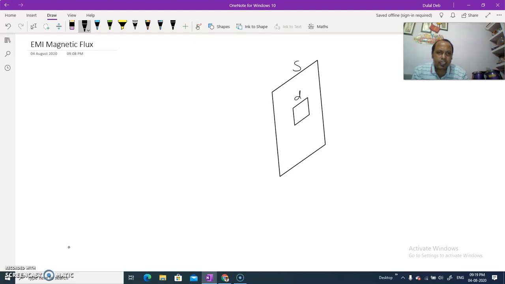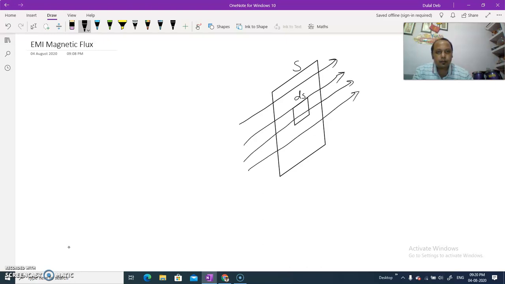The small area, let it be given by ds. Now let's say the magnetic field lines are also shown here. These are the magnetic field lines which I am drawing here. So these show a magnetic field, let it be given by B. B is the magnetic field here.